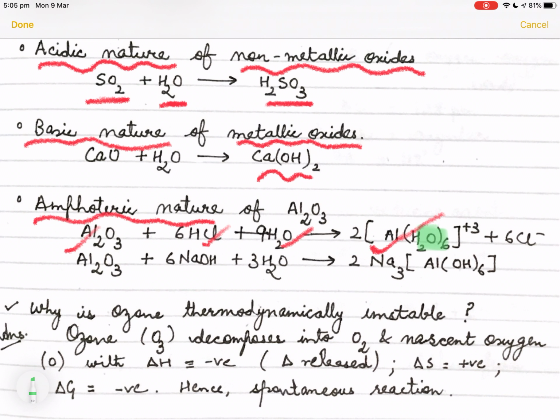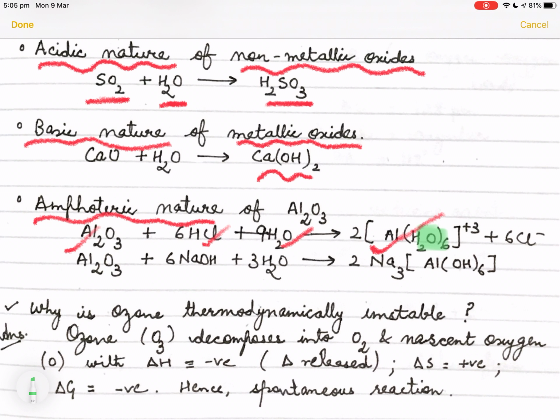H2O are basically ligands. There is a term called ligand which coordinates with the central metal atom aluminium, and you get a complex. So you have to memorize this equation. They do ask in board exams. The next very important question is, since we are talking about the amphoteric nature of aluminium oxide, if it's basic, it should react, right?